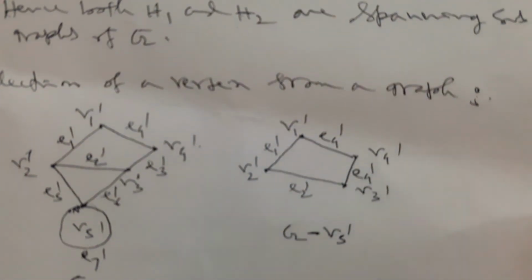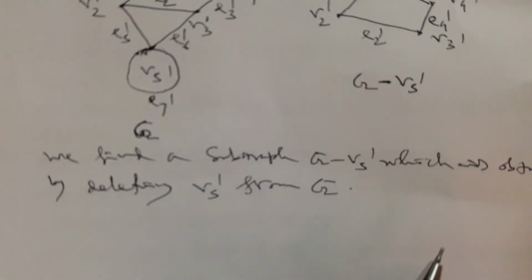And if we consider deleting this v1 dash, we get this type, with v2 dash, v4 dash, v3 dash, v5 dash, e2 dash, e3 dash, e6 dash, e5 dash, and also e7 dash.